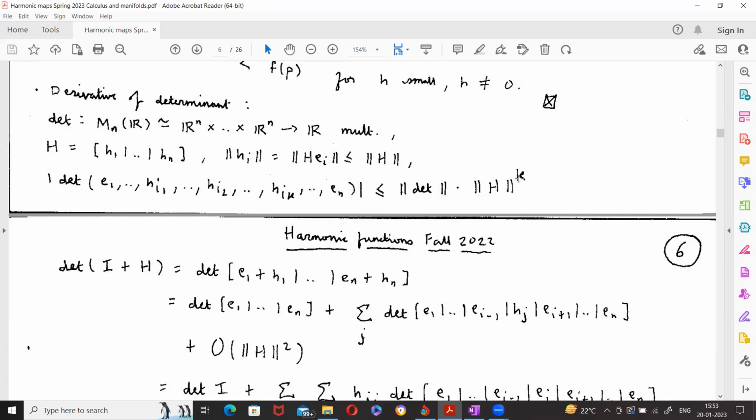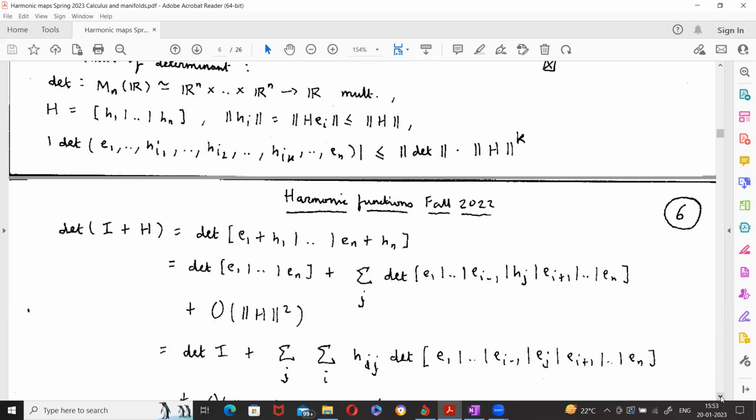So if there are at least 2 columns coming from H, this will be big O of norm H squared, of order norm H squared at most. This is less than or equal to norm H to the k because the operator norm of det is 1, right?